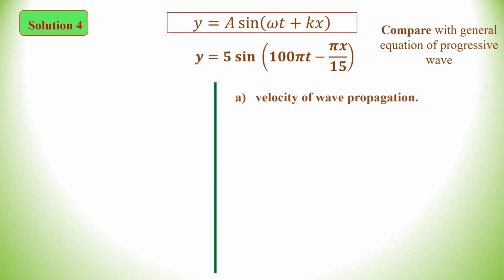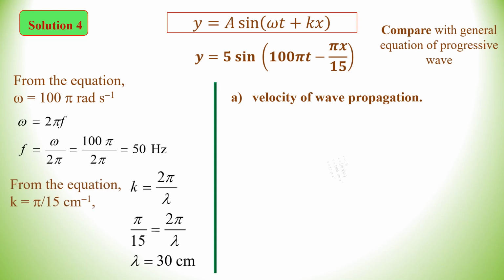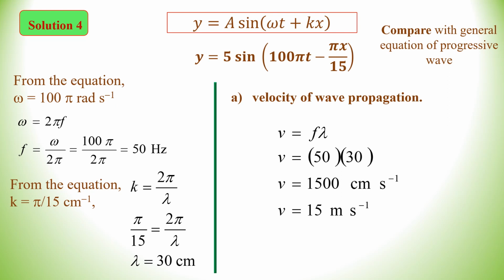We need to compare with the general equation of the progressive wave. Okay, general equation, y equals to A sin omega t plus kx. So from the equation, our amplitude A is 5 cm.